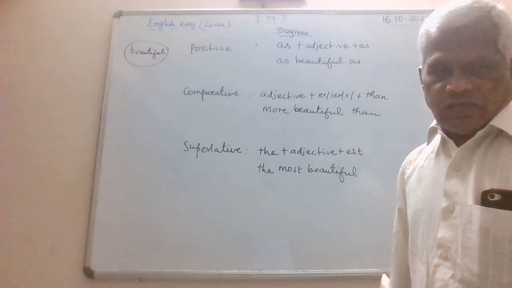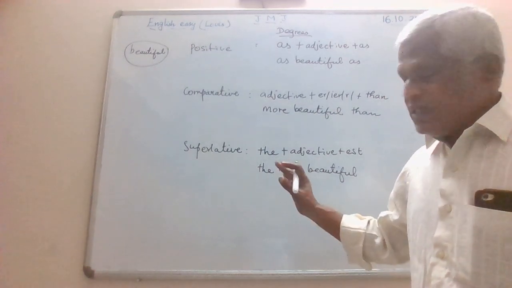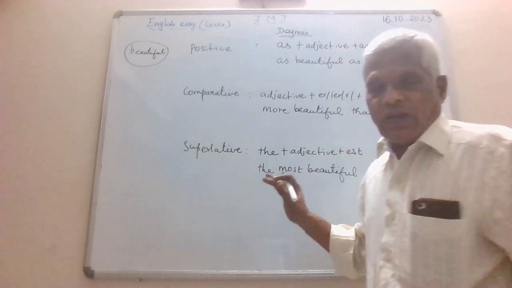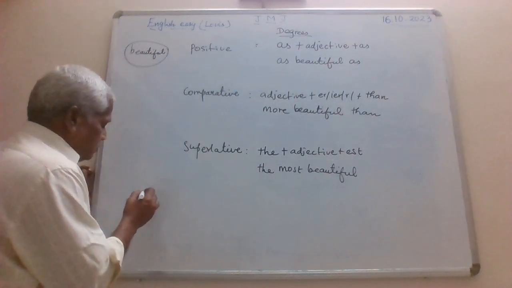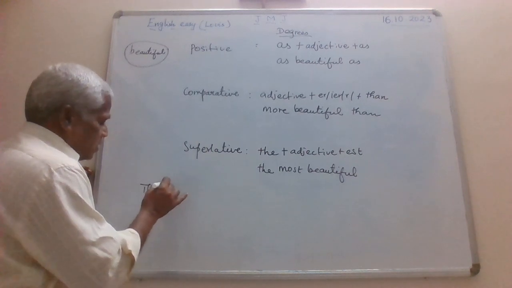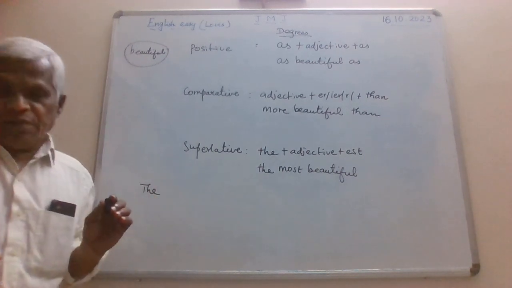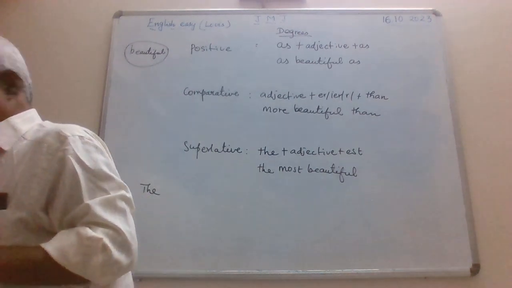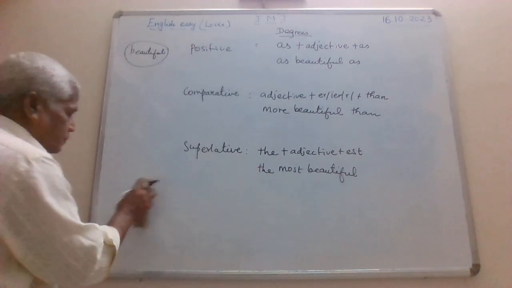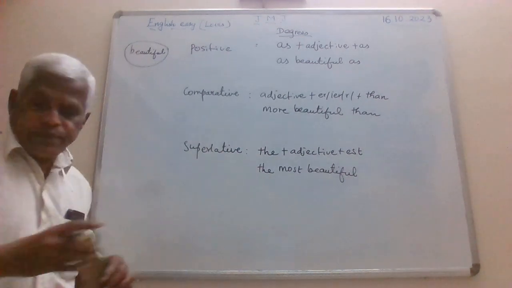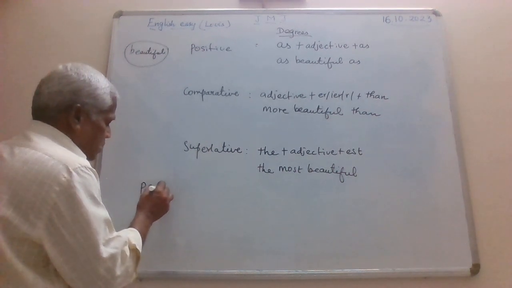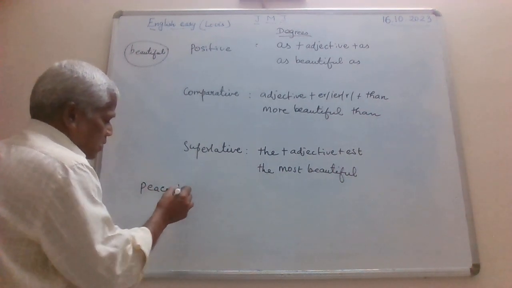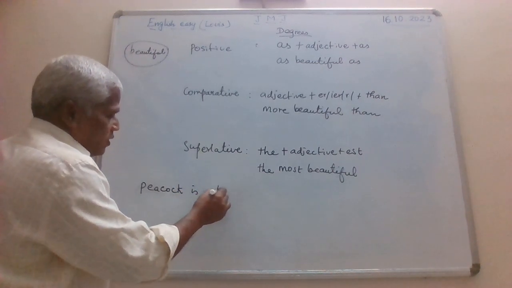Okay? Now, I'll just give you one example for each one. Select the right sentence. See now, the peacock, or say a peacock, is a beautiful bird.